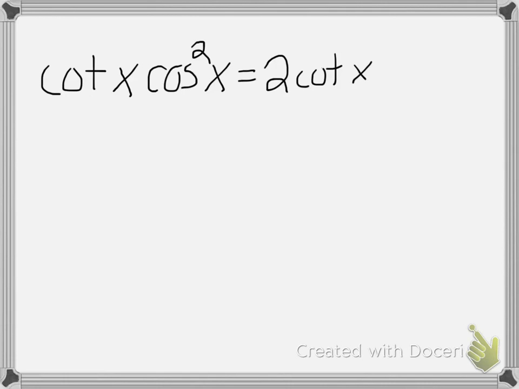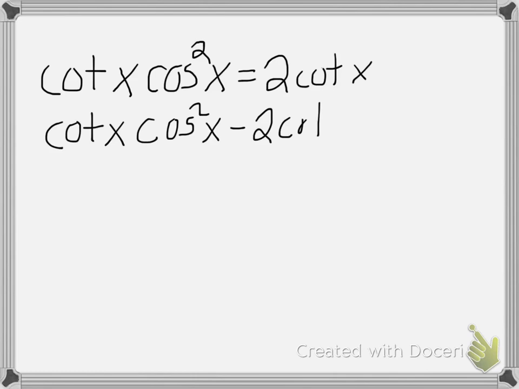Okay, so again, let's try to get all the trig functions on the left hand side. So we're going to have cotangent of x times the cosine squared of x minus 2 cotangent of x equaling 0.